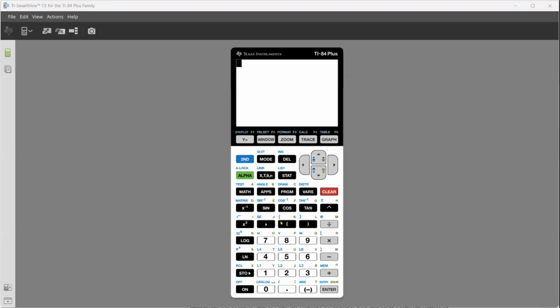Let me move some of this out of the way. It's 299 minus 272. Don't forget your parentheses, that can cause issues.